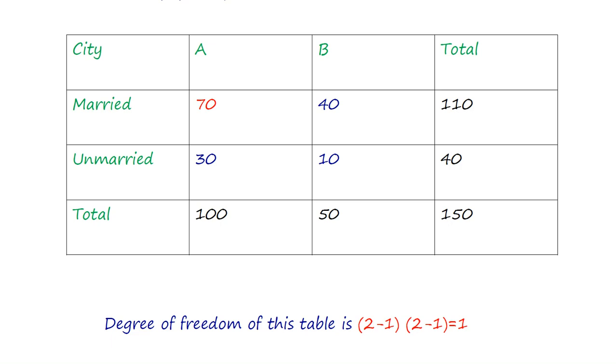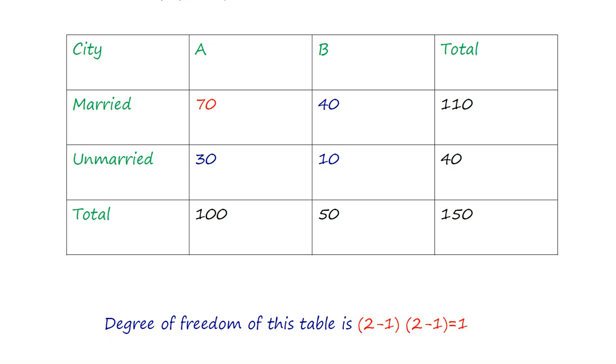Here is our 2 by 2 contingency table. In any city, two groups A and B. We divide these groups according to two categorical variables, married and unmarried population.